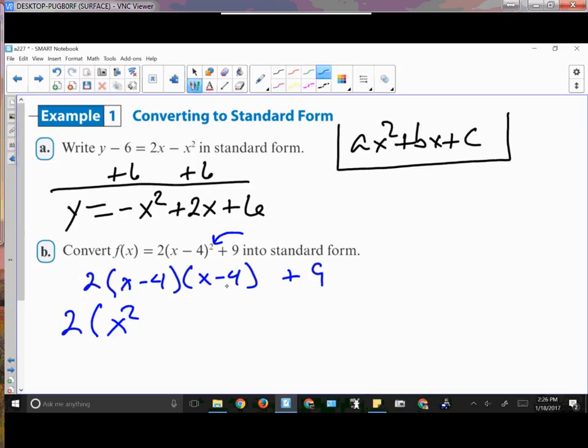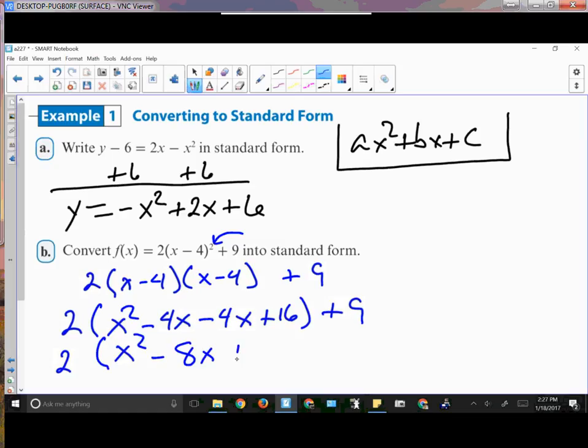X times negative 4 is minus 4x. Minus 4 times x is another minus 4x. Negative 4 times negative 4 is 16. Now, I still have the plus 9 out here. 2 is here. Add like terms. X squared minus 8x plus 16, plus 9.